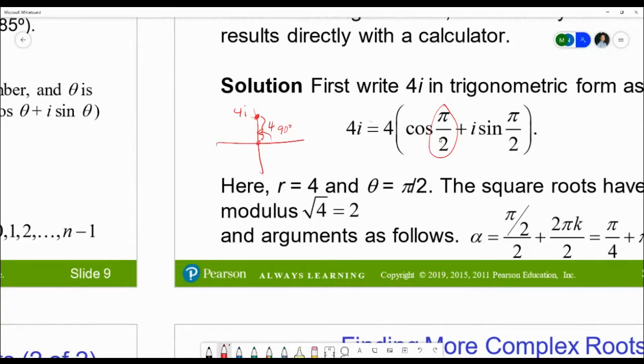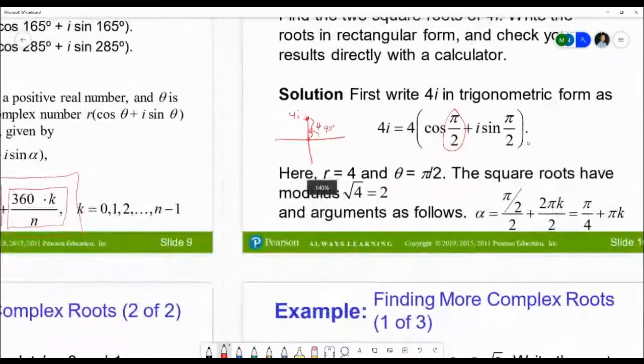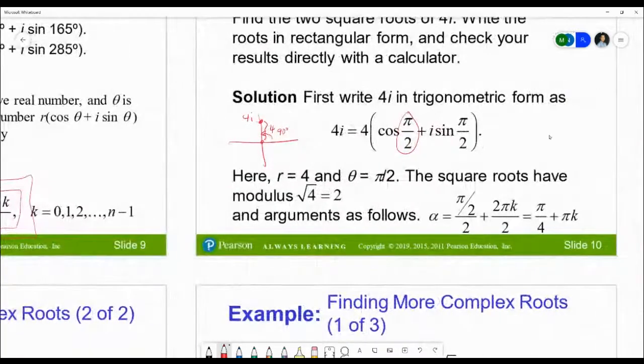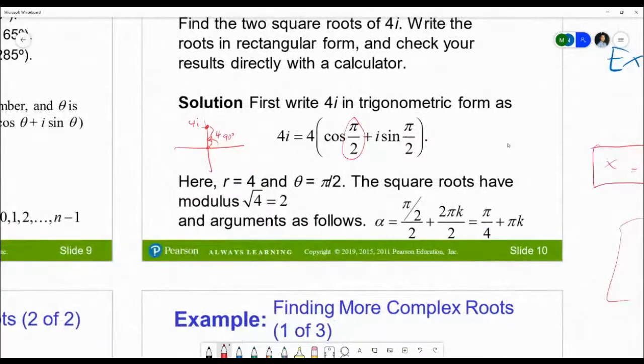So we can set it up because we want the square roots. So we want to use a plus bi. R here, we choose the square power equal to this here. So we know that r squared equals 4, so therefore r equals 2.